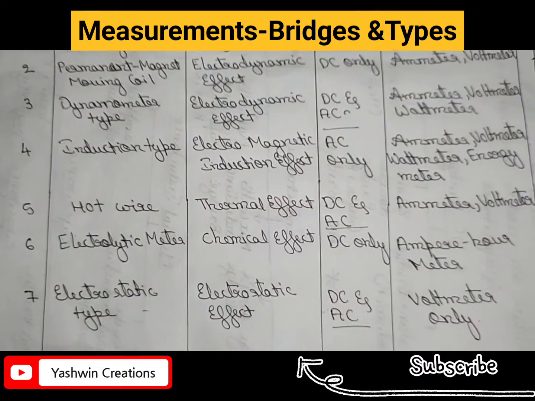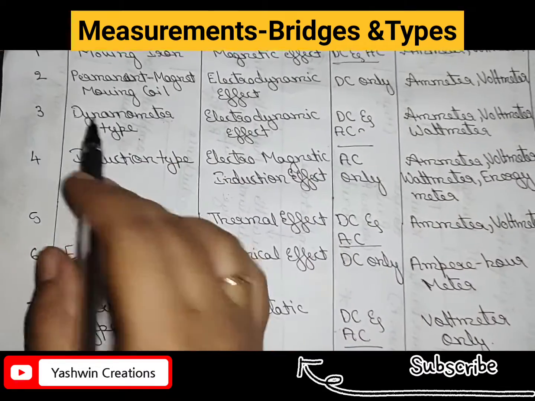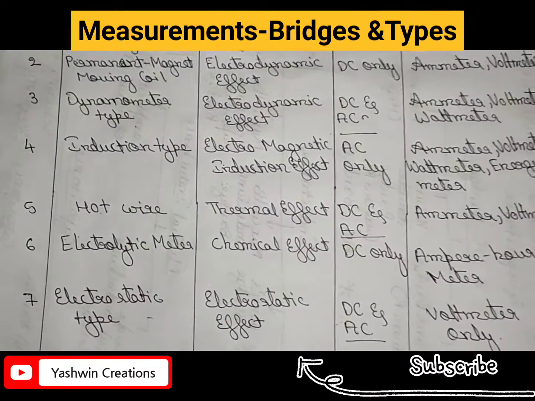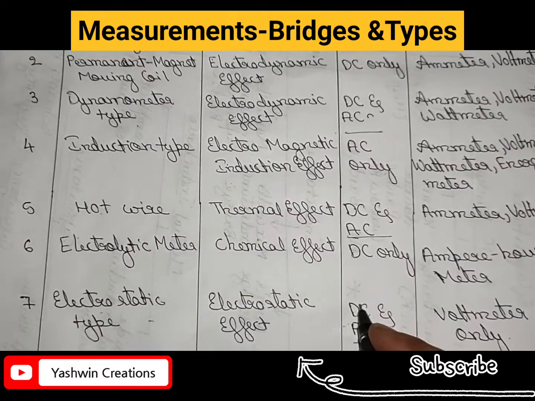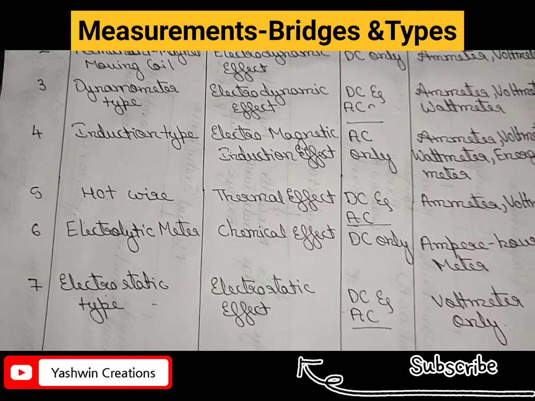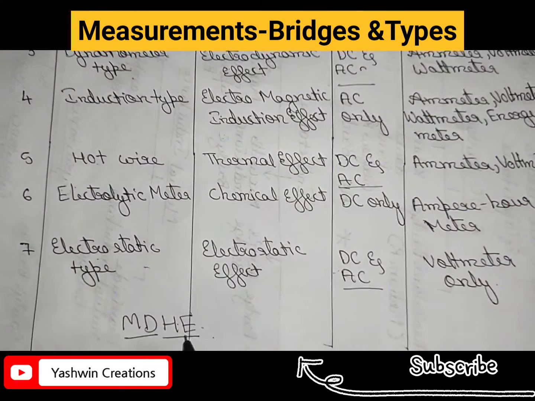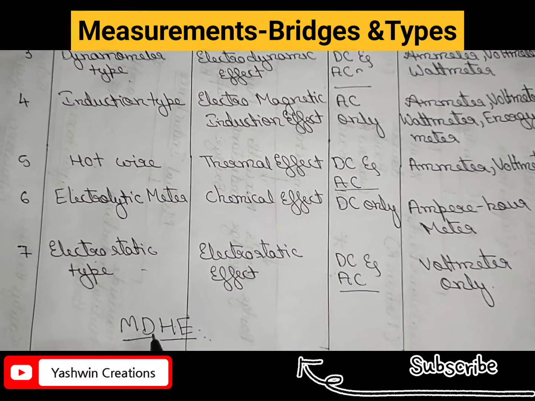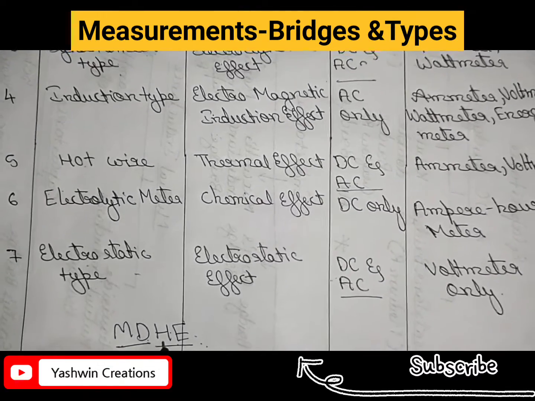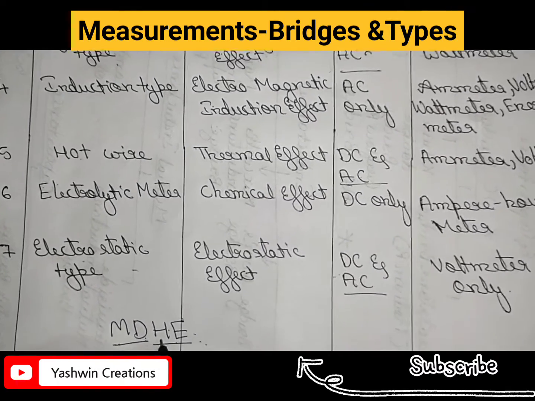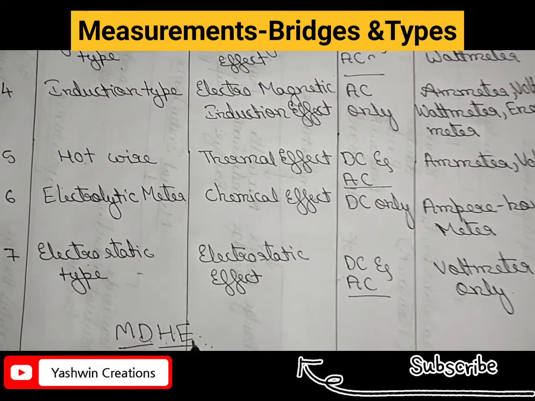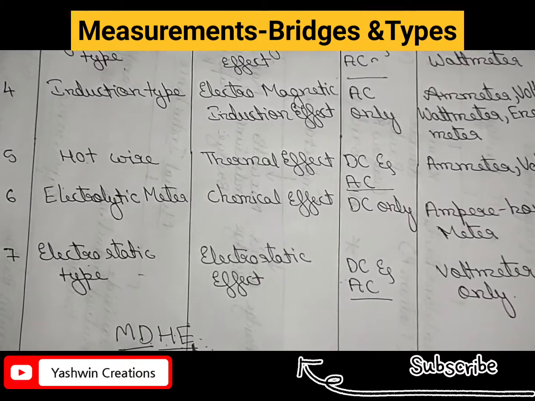M, D, next H, and finally E. MDHE. M is moving iron, D is dynamometer type, H is hot wire, which are used for both DC and AC, and finally E is electrostatic type.